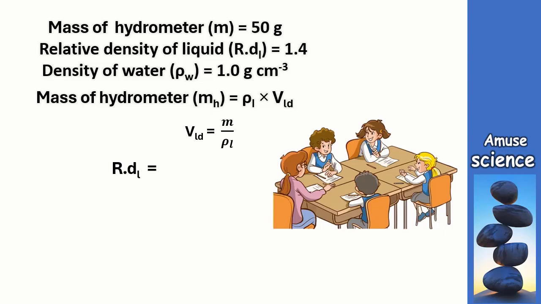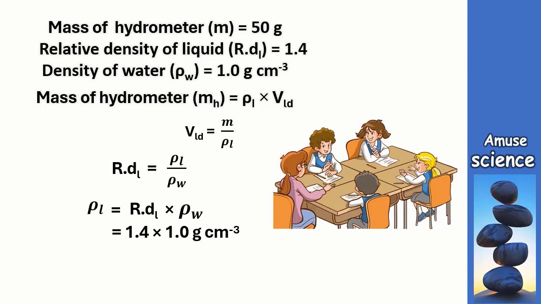The relative density of the liquid is equal to the density of the liquid divided by the density of water. Now let's make density of the liquid the subject. We are going to get density of the liquid is equal to relative density of the liquid times the density of water. Let's substitute the figures. We are going to get density of liquid is equal to 1.4 times 1.0 grams per cubic centimeters. And this is going to give us 1.4 grams per cubic centimeters.